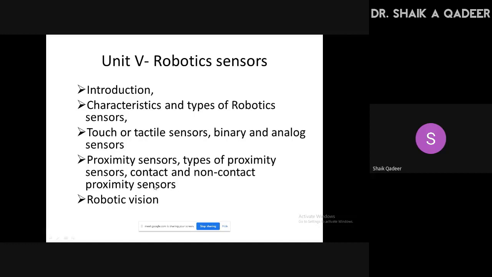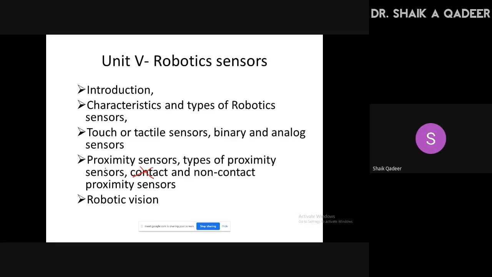And the third thing which I want to tell you is all proximity sensors belong to the non-contact type category. There is no proximity sensor available of contact type, right? So this is actually a mistake in the syllabus. Please make a note of it.